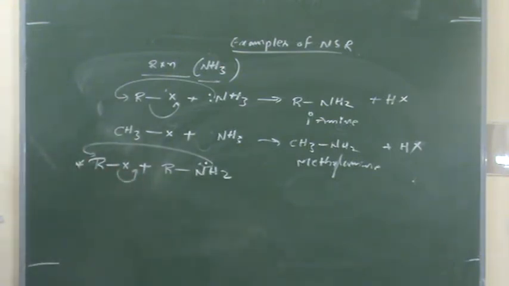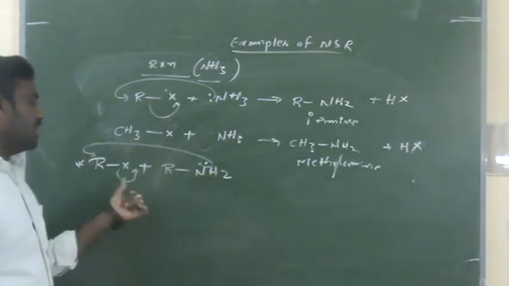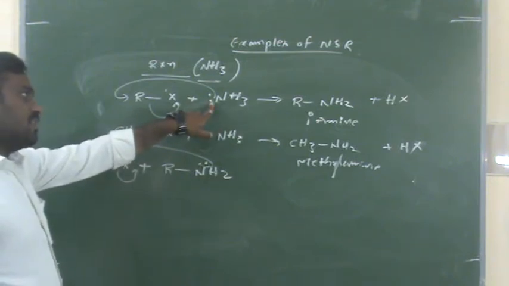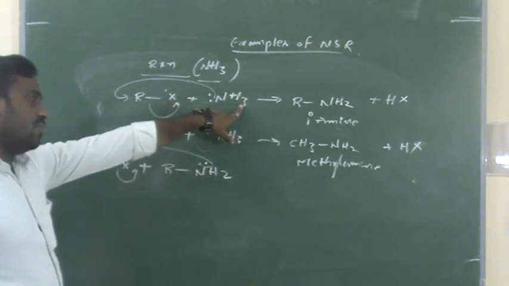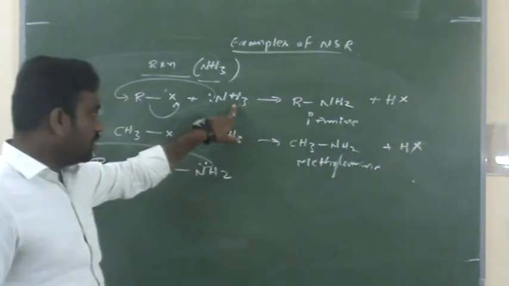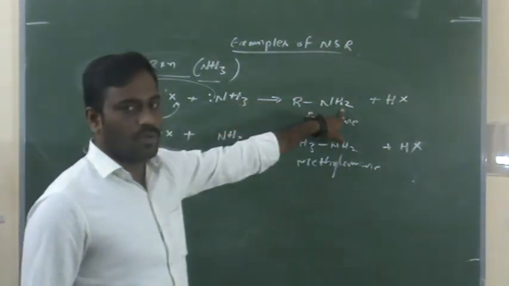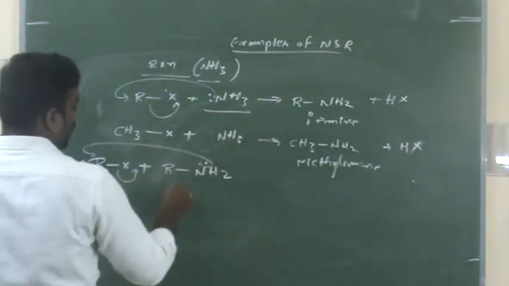This is again a nucleophilic substitution reaction. Like before, one of the hydrogens is removed as HX. Among 3 hydrogens, if 1 is removed, 2 remain, but here I am taking the primary amine instead of ammonia.